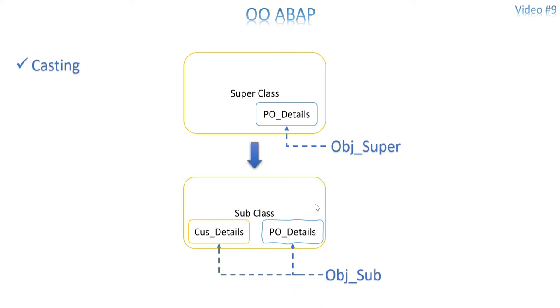Business scenario: here PO details has very generic information of the PO, and in the subclass they added very detailed material information along with the PO details. So they redefined it and added their own logic.